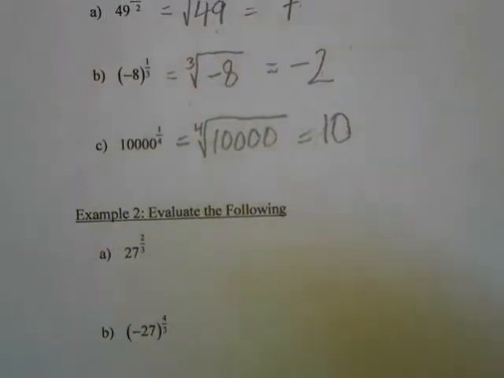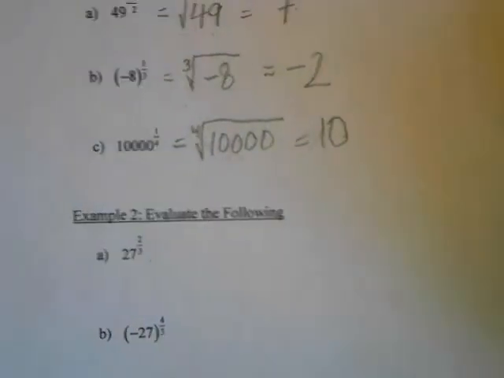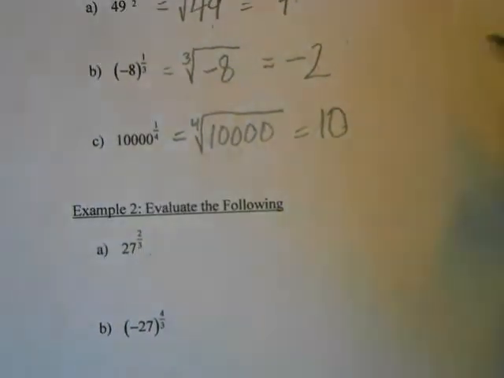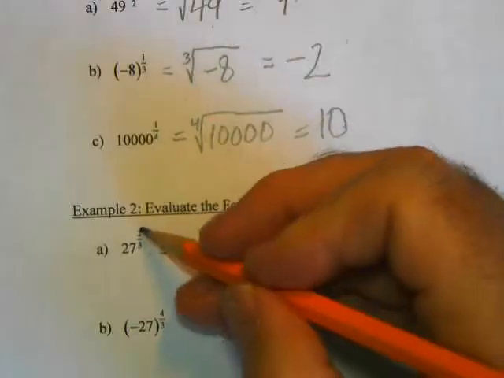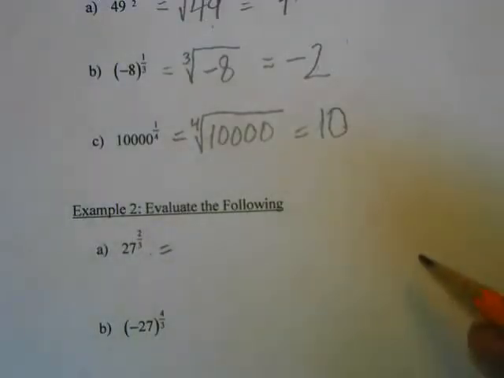Now we've got some exponents that are not just 1 over a number. In this case, we've got 27 to the power 2/3. So I'm going to rewrite. First, I'm going to break apart the exponent into its numerator and denominator.